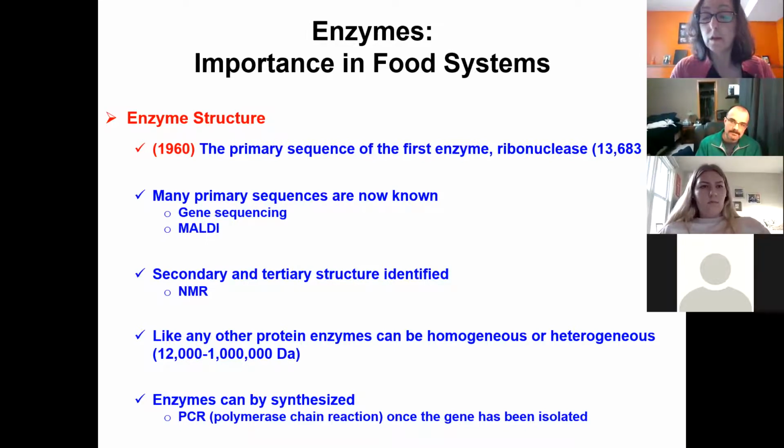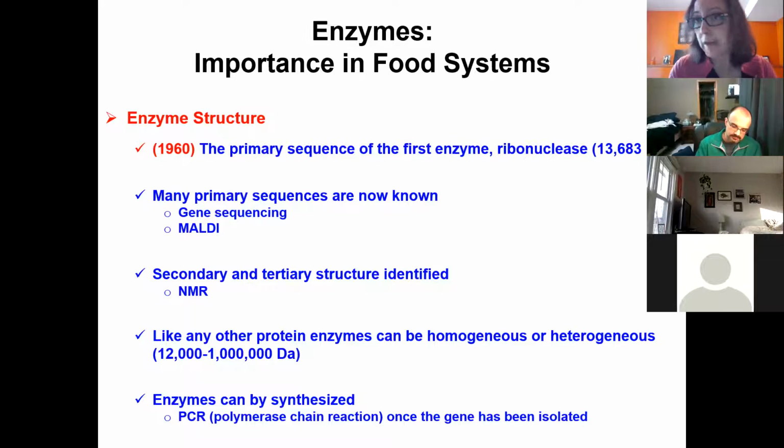That could be a vitamin, for example. Okay, they can synthesize enzymes, obviously, and express them in different microbes by isolating the gene and inserting the gene in the organism and then expressing the enzyme to produce pure enzymes.